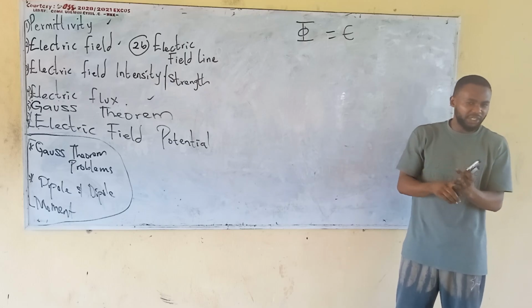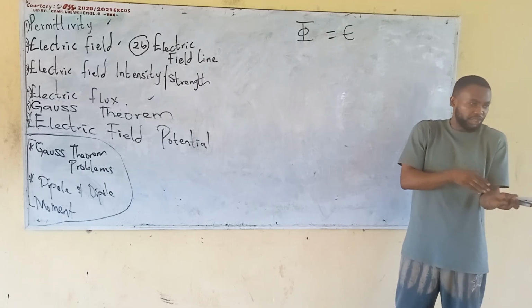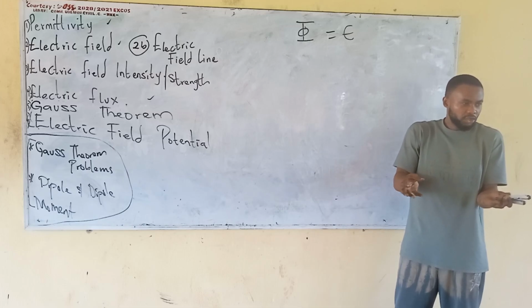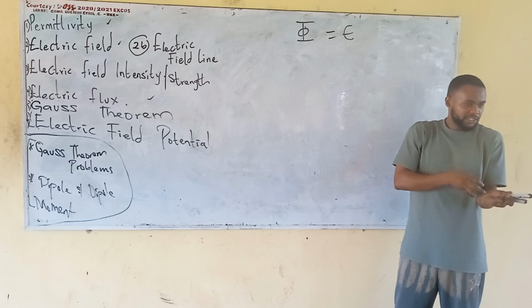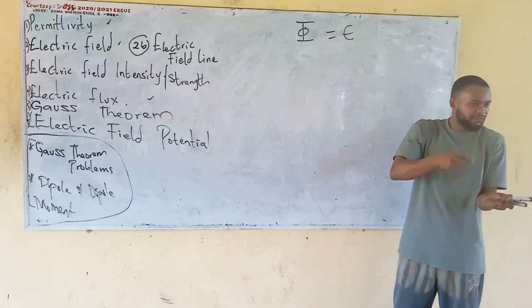Remember that electric field intensity is just describing a field that has been created. Is it strong? Is it not strong? But electric flux is now bringing it to a surface, or to a volume, or to a line. That is why we normally say that electric field flux describes more of the density of the electric field than the intensity. We say it talks about the depth of the electric field more than the intensity.